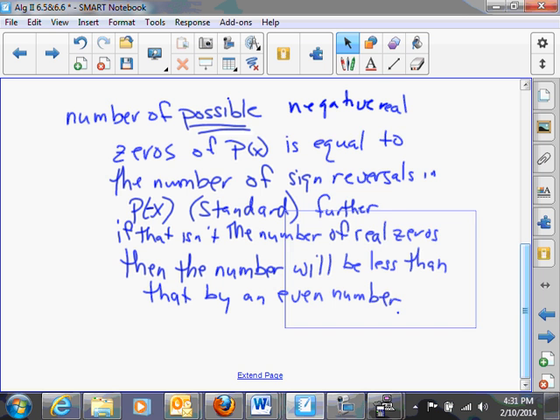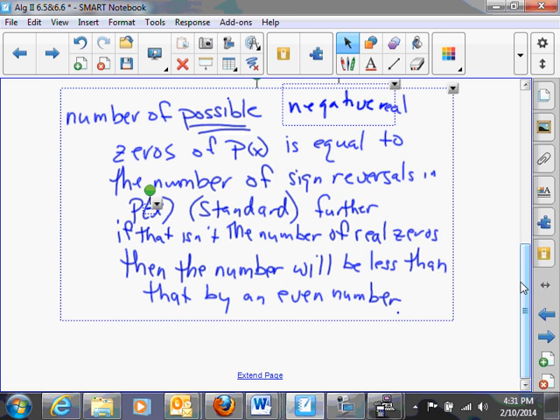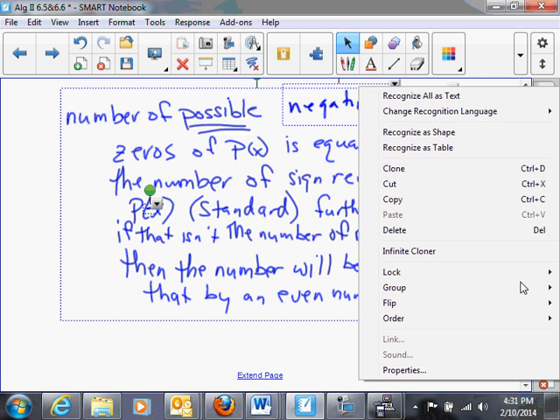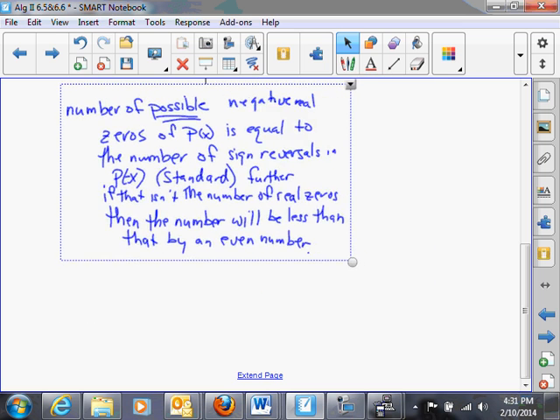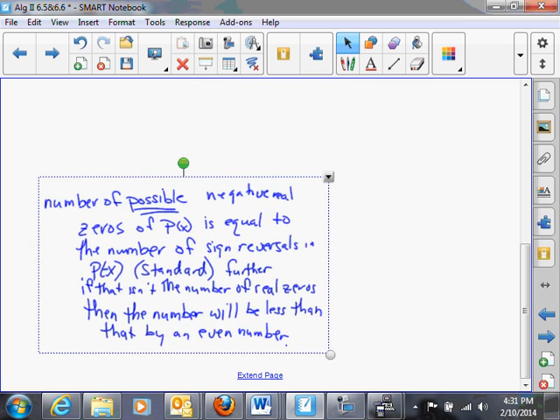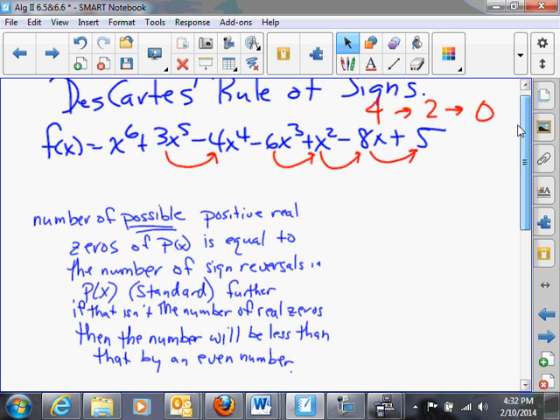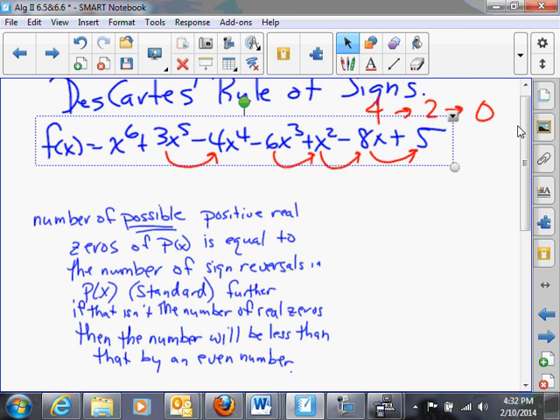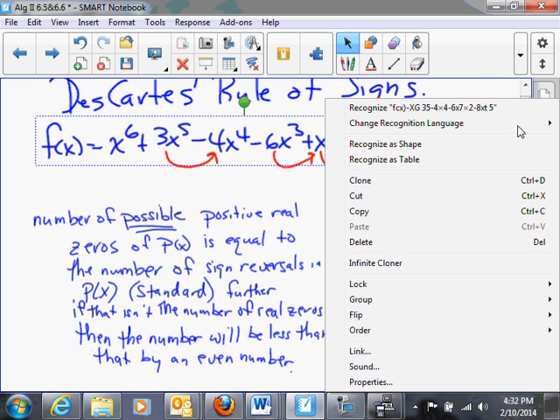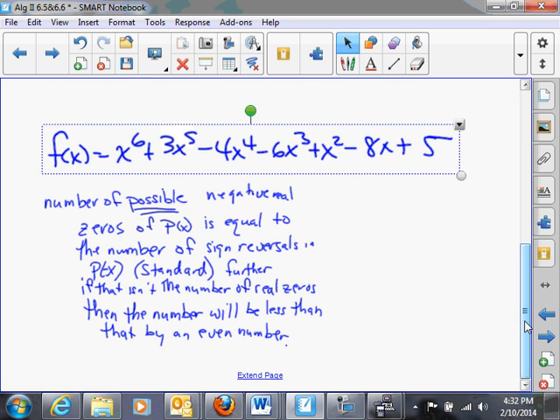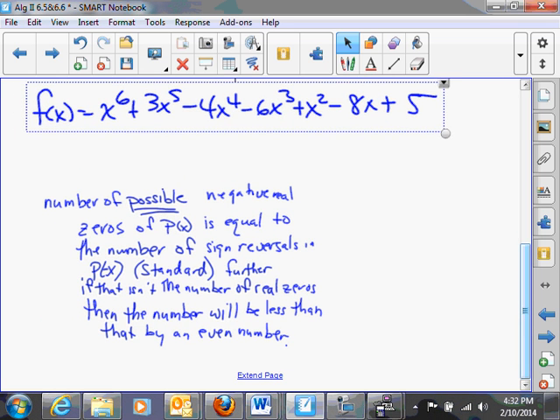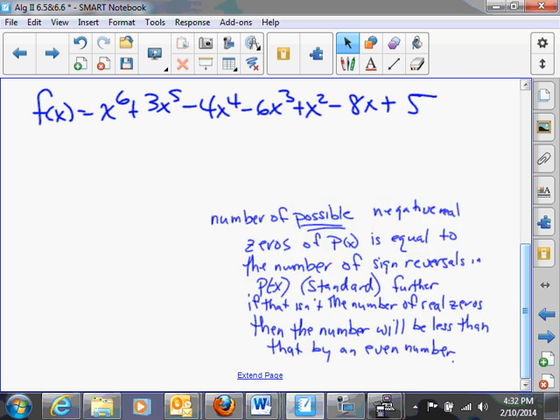Okay, so what we've got now is, let me group this, make it a little bit smaller here, and let's go get p of x, or f of x, I guess, in this case. And we'll just put that down there where we need it. There we go. Now, first of all, what do we mean by p of the opposite of x?